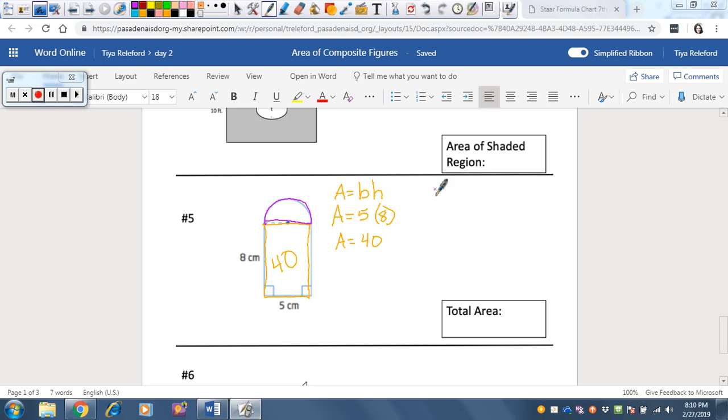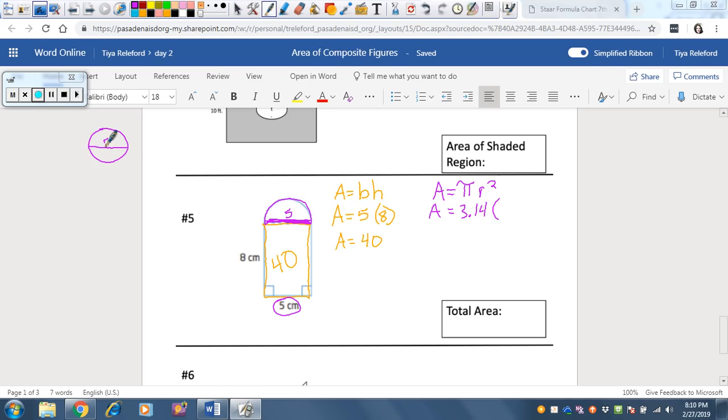Now the semicircle, we're going to use the circle formula. I know pi is going to be 3.14. What is the radius of this semicircle? Well, the measure of this line is 5.